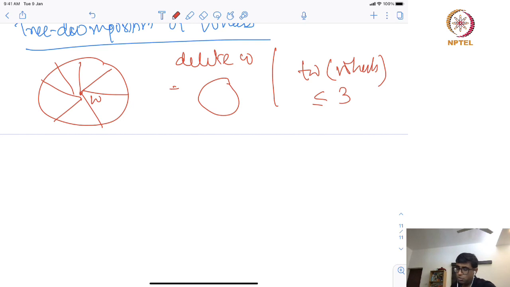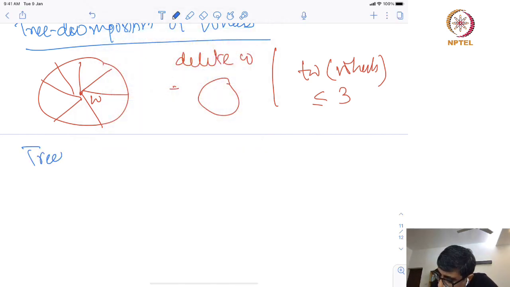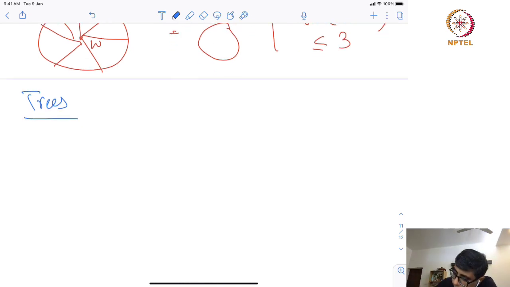Now let's do more things, and let's do trees. Trees are no different than paths, but we'll see. Suppose this is my tree.